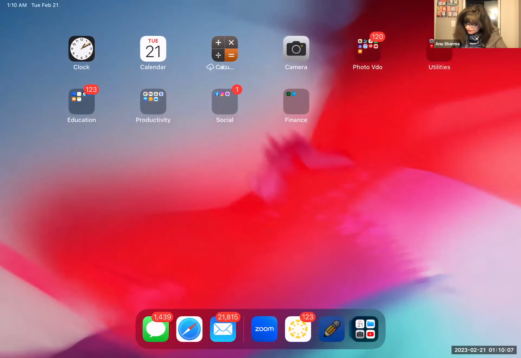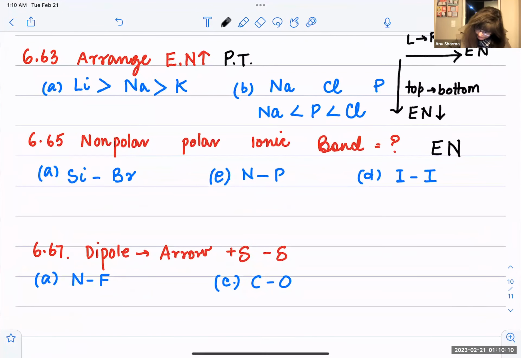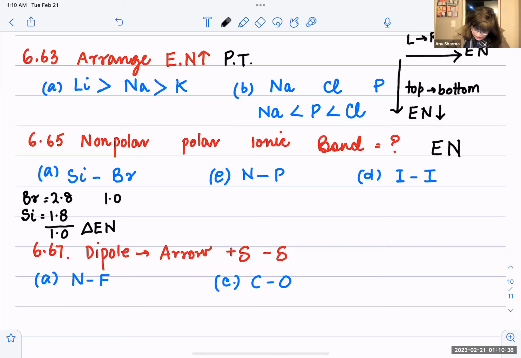So let's do this here. Bromine is higher. So bromine and silicon. Silicon electronegativity value 1.8, bromine 2.8. Okay, so delta EN, the change in the electronegativity, is 1.0. And when we see that 1.0 falls under the polar covalent category.